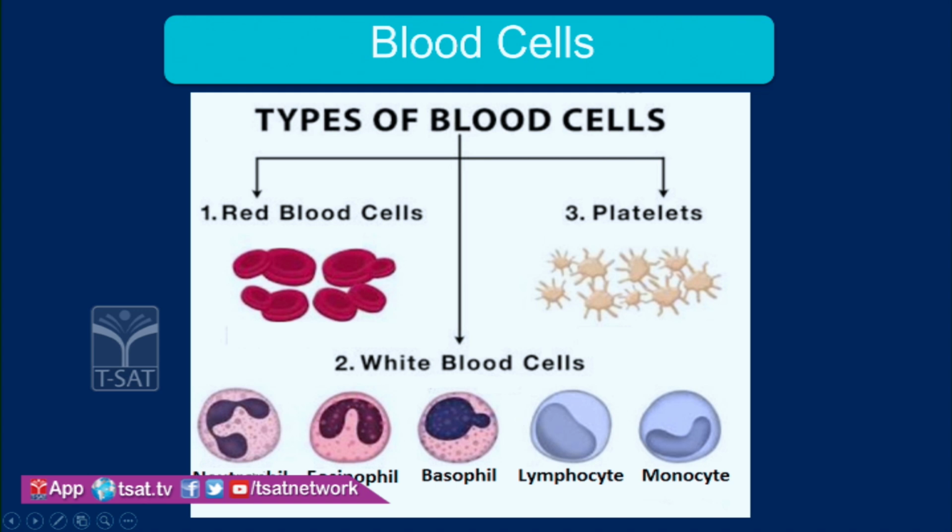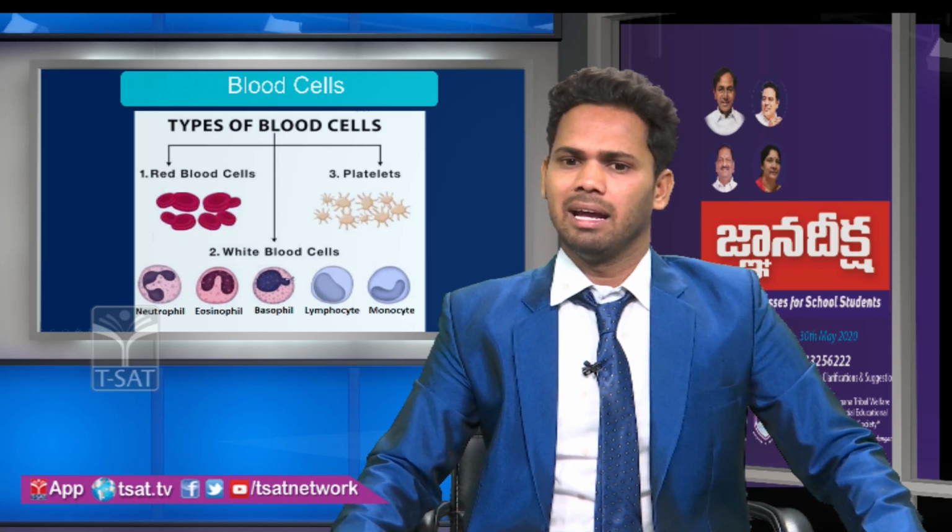Granulocytes are of 3 types. What are they? Neutrophils, eosinophils, basophils. You can see these 3 are similar in size, but the difference is the shape of the nucleus. You can observe many lobes here, here only 2 lobes, here 1 lobe. So, based on nucleus shape, we identify these granulocytes.